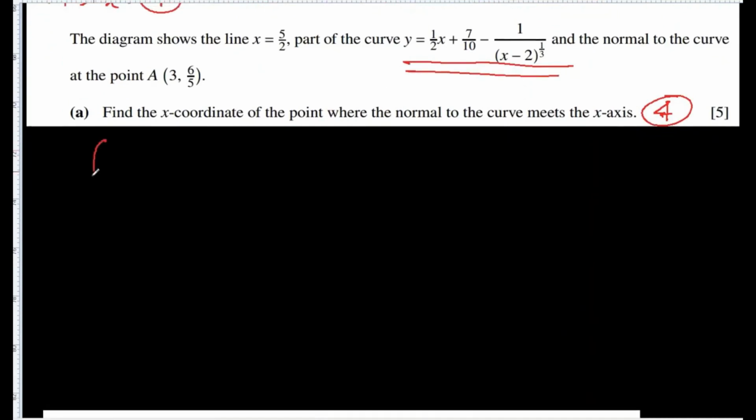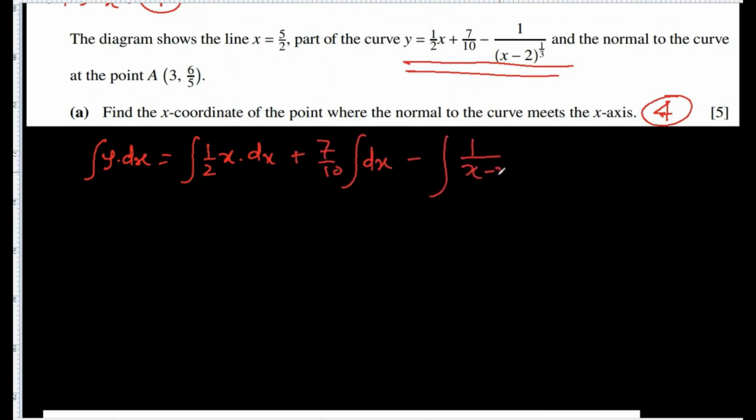So y dx will be half x dx plus 7 over 10 dx minus 1 over x minus 2 to the power 1/3 dx. And we need it from 5 over 2 till 3. I'm not writing them here, I will write them on the last step.